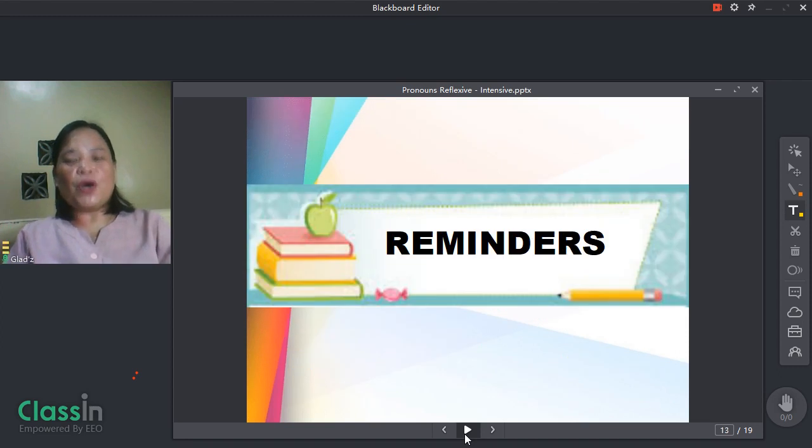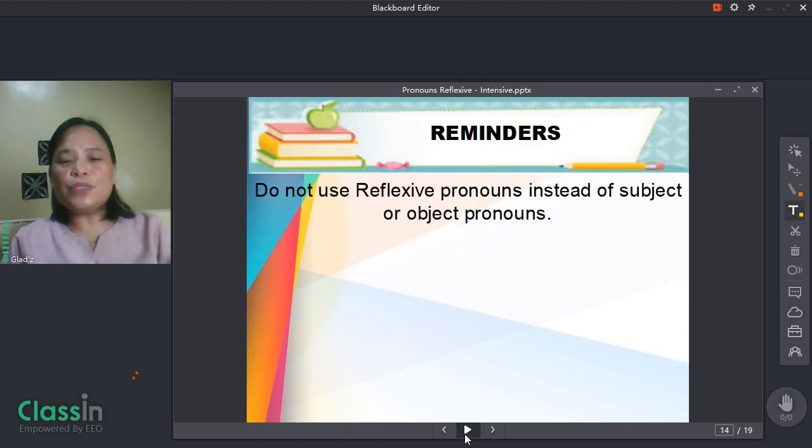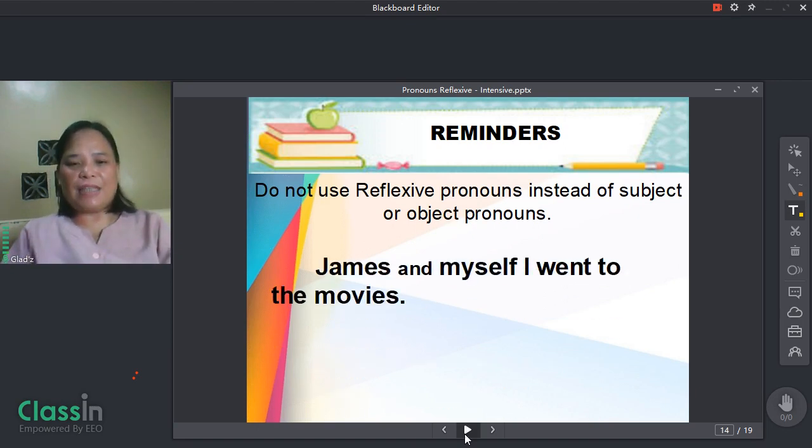So we have here some reminders. First, do not use a reflexive pronoun instead of subject or object pronouns. Like in this example, James and myself went to the movies. Myself there is not appropriate to use.